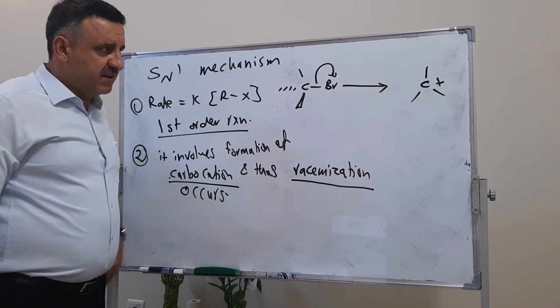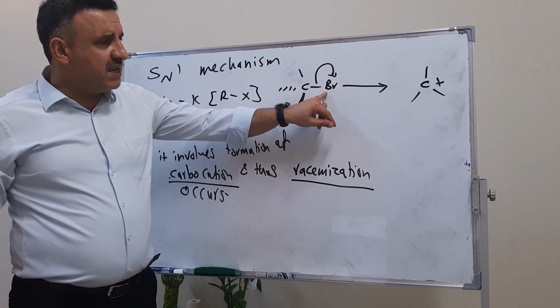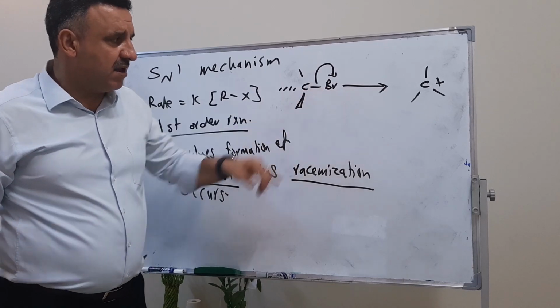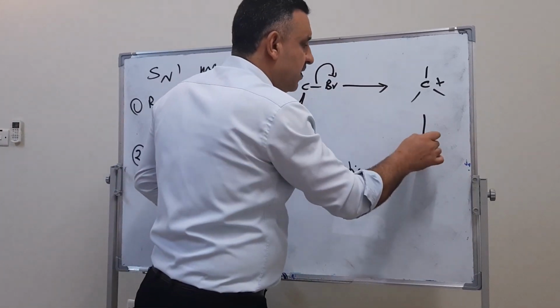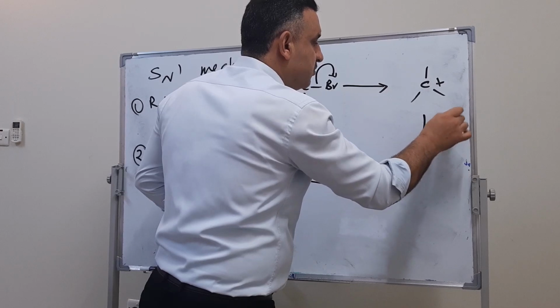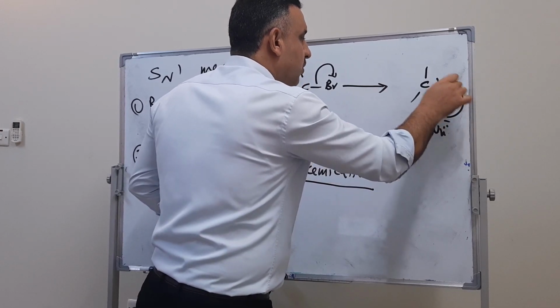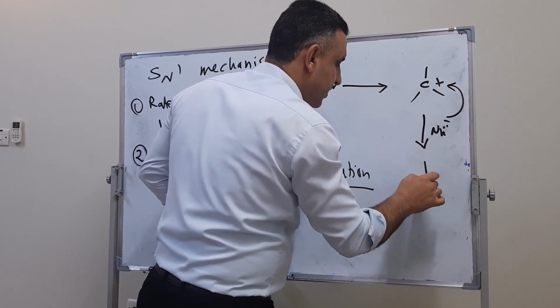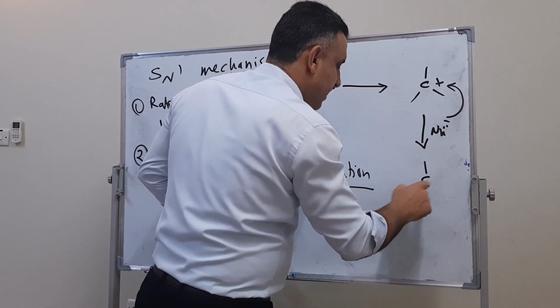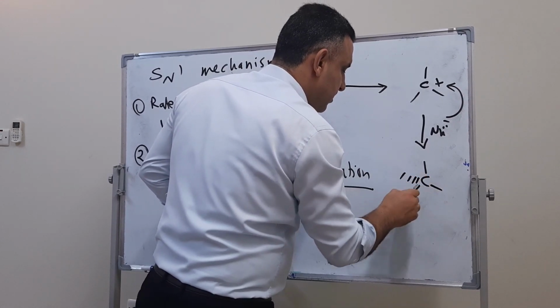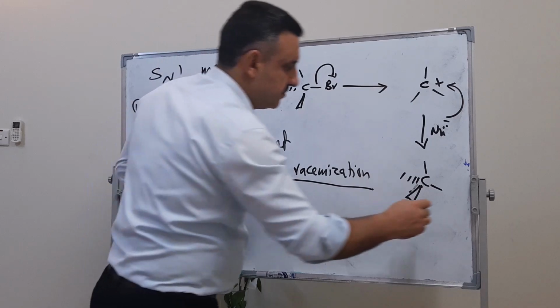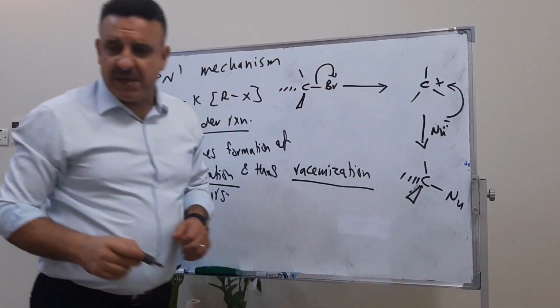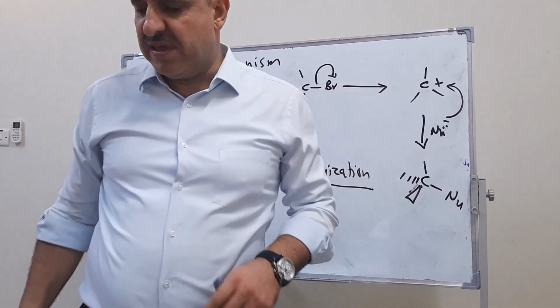Do you follow me? Then finally the nucleophile, which is present in the solution, will attack, and then we will have simply back the tetrahedral structure. Do you follow me?